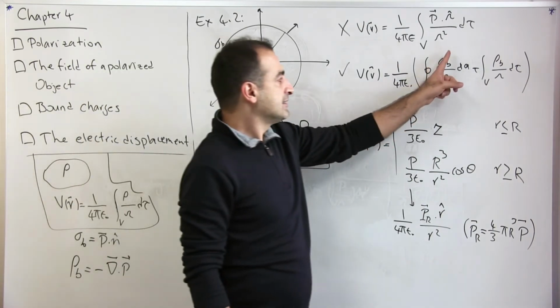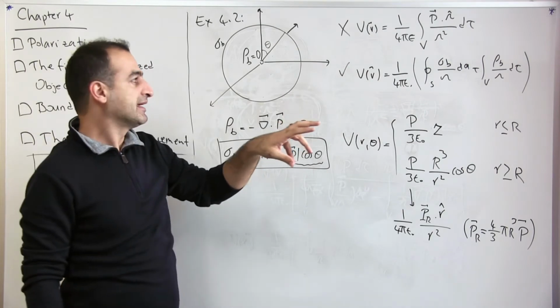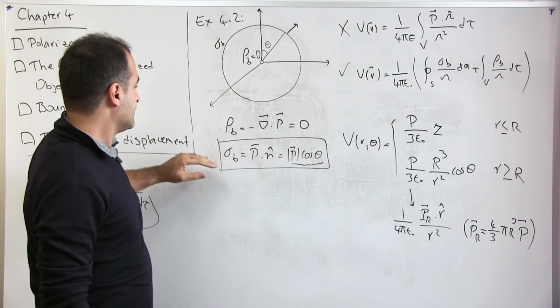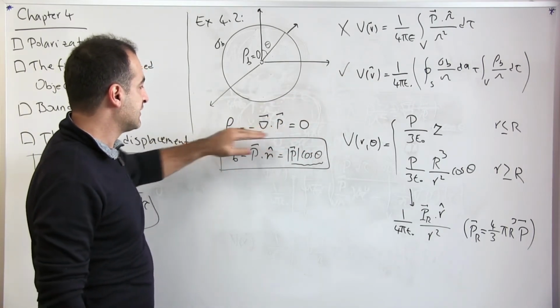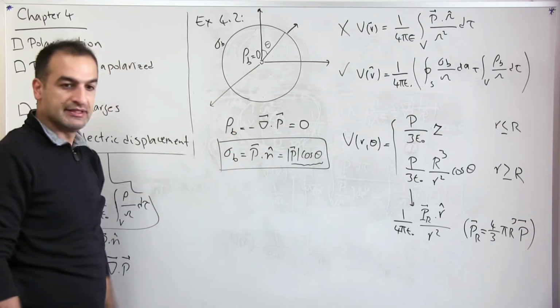The way you calculate the surface charge and volume charge, these are called bound charges. What you do is look at the divergence of P to calculate volume charge, and you look at P dot n hat on the surface to calculate the surface charge.